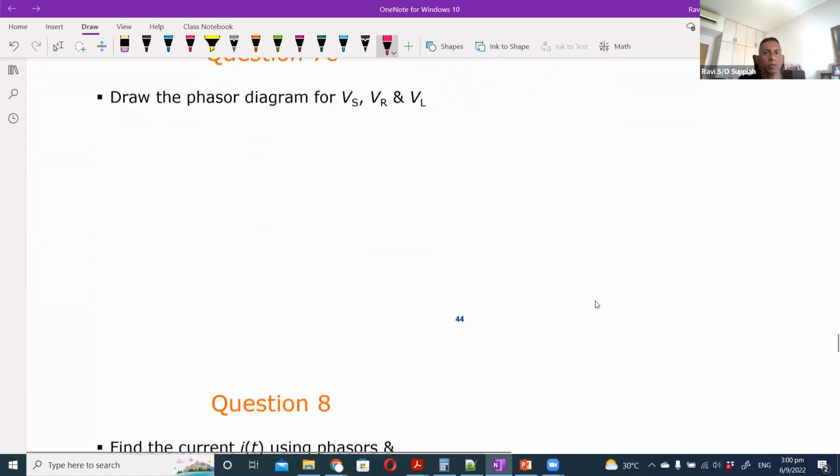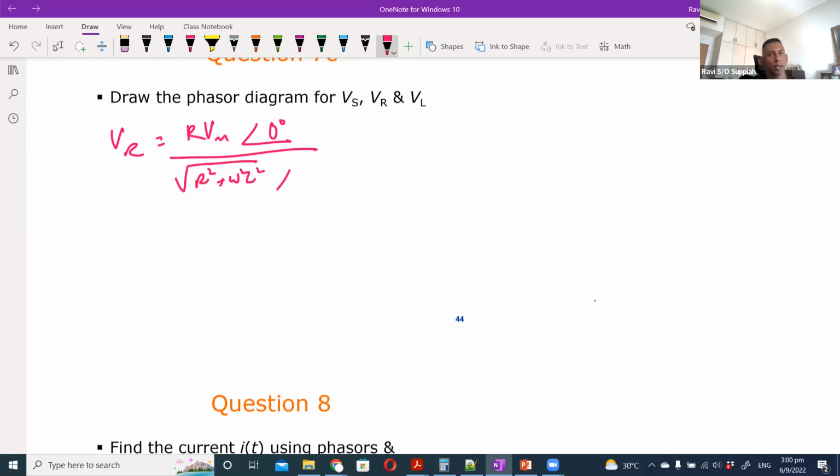Okay, and the last part here is draw the phasor diagram. We already have the expression for VR from just now. So VR is R Vm angle 0 degrees over the square root of R square plus omega square L square, angle 45 degrees.